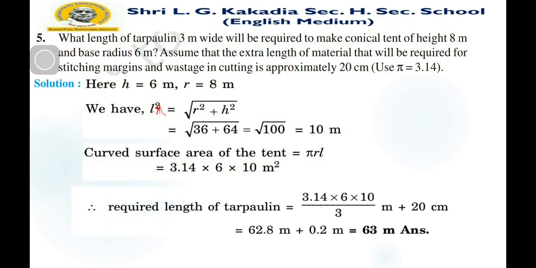So the required length of tarpaulin is equal to 3.14 into 6 into 10 by 3.